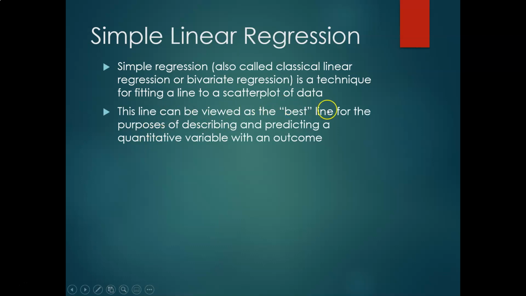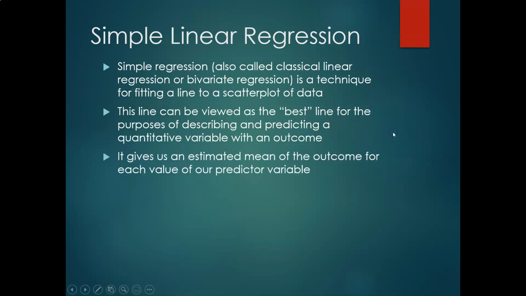The line can be viewed as the best line for the purpose of describing and predicting quantitative variables with an outcome, and it gives us the estimated mean outcome for each value of our predicted variable. That's a whole lot of math speak for basically saying at any level of chirps, it's going to give us the most likely value for temperature. And it's much better than eyeballing and drawing a line.